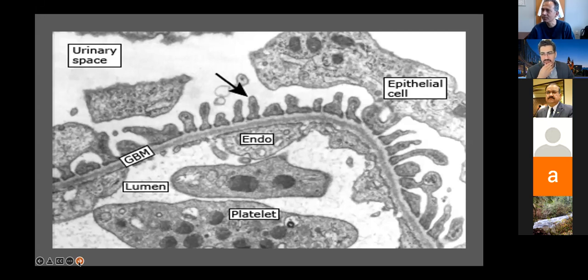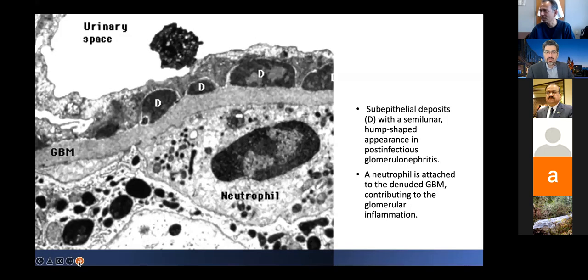So this is a normal electron microscope. You can see that nicely. There is a very thin basement membrane, and this is a capillary lumen. There's endothelium, and there are podocytes. Next slide. This one is a patient with post-Streptococcus GN, and the very prominent finding is the basement membrane, which is thicker, and these subendothelial deposits, which are humps.